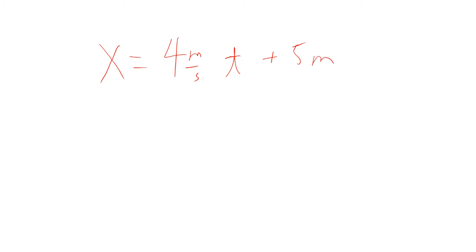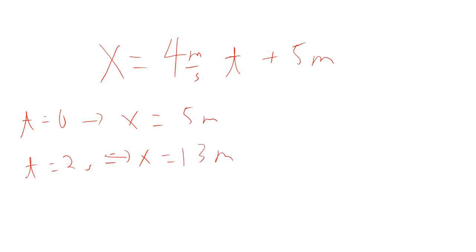That means at t equals 0, if the time is 0, then x is going to be 5 meters. At 2 seconds, x is going to be equal to 13 meters.